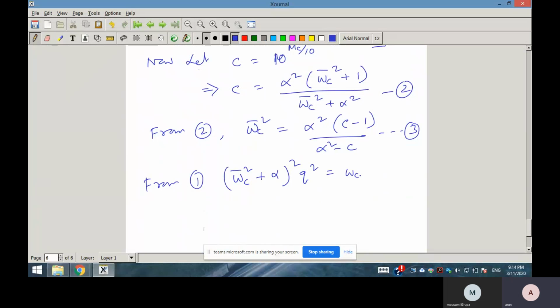This is equal to omega c bar square into alpha minus 1 whole square.